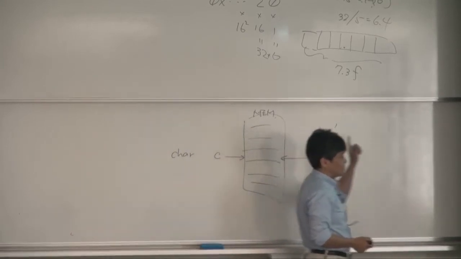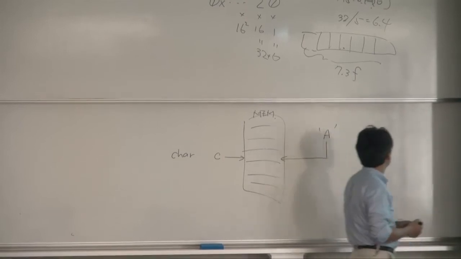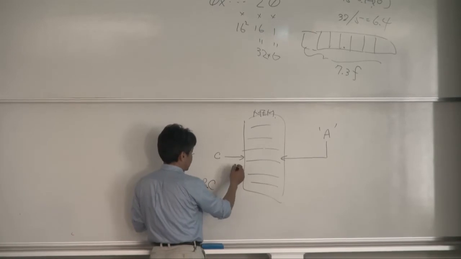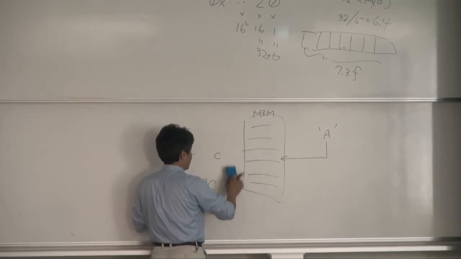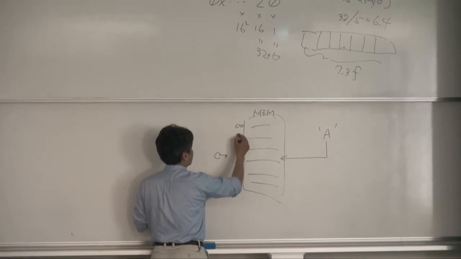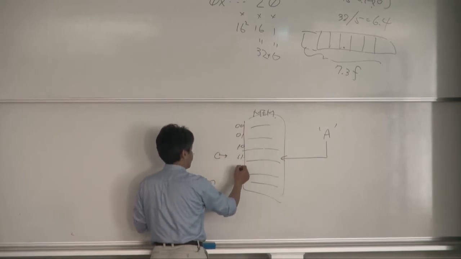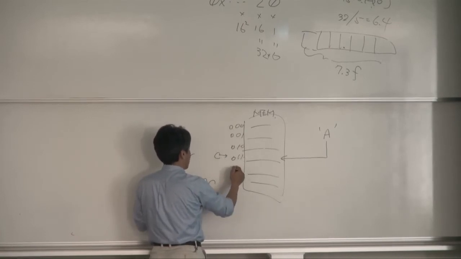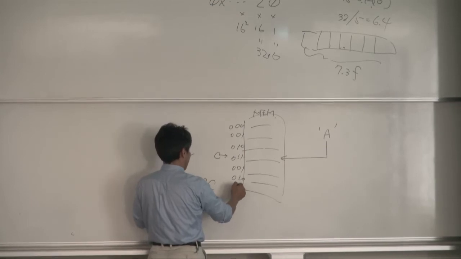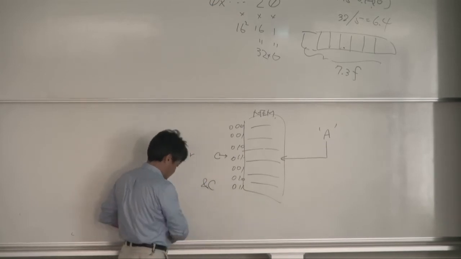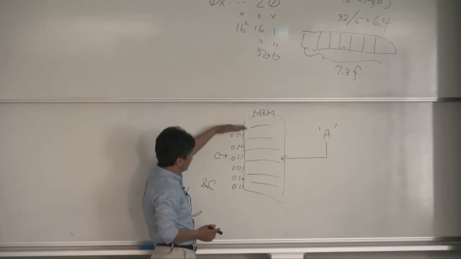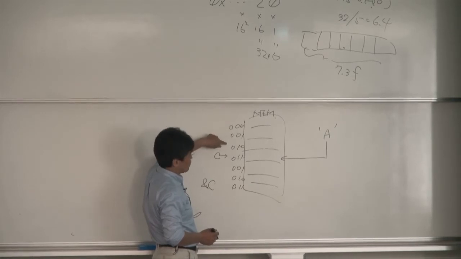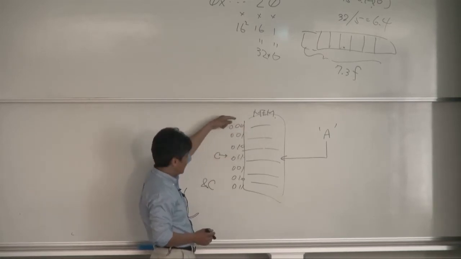So using the ampersand, the computer knows the location. Usually an address is specified for the location in memory.